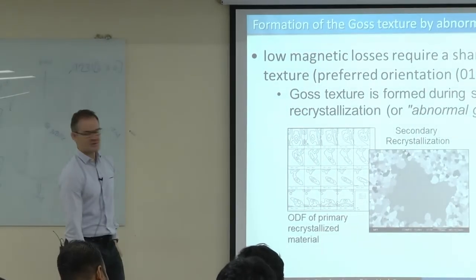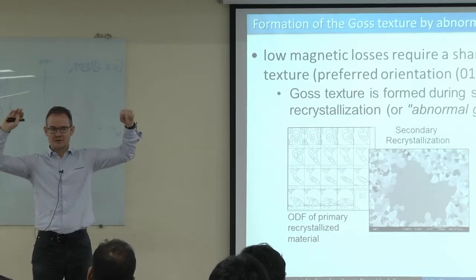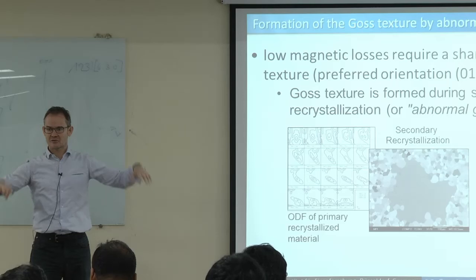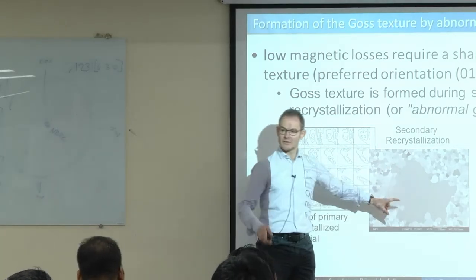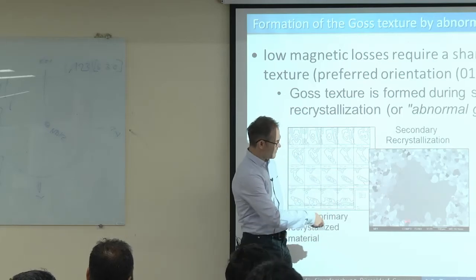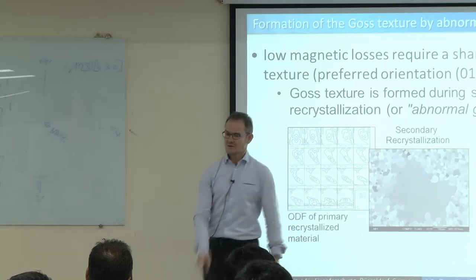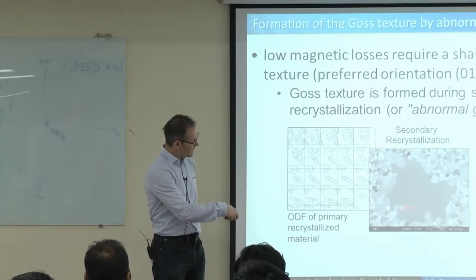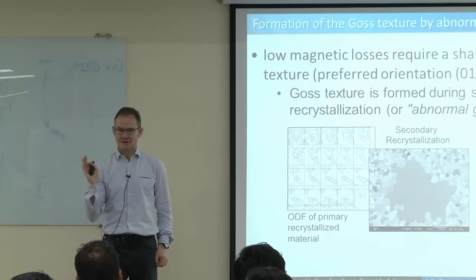And now we heat the material up slowly to 1200 degrees. And during this heating up, the material suddenly starts growing. A few grains start growing enormously and eating up all the other grains. And at the end, all the grains which have grown have the Goss orientation, as a big mystery.